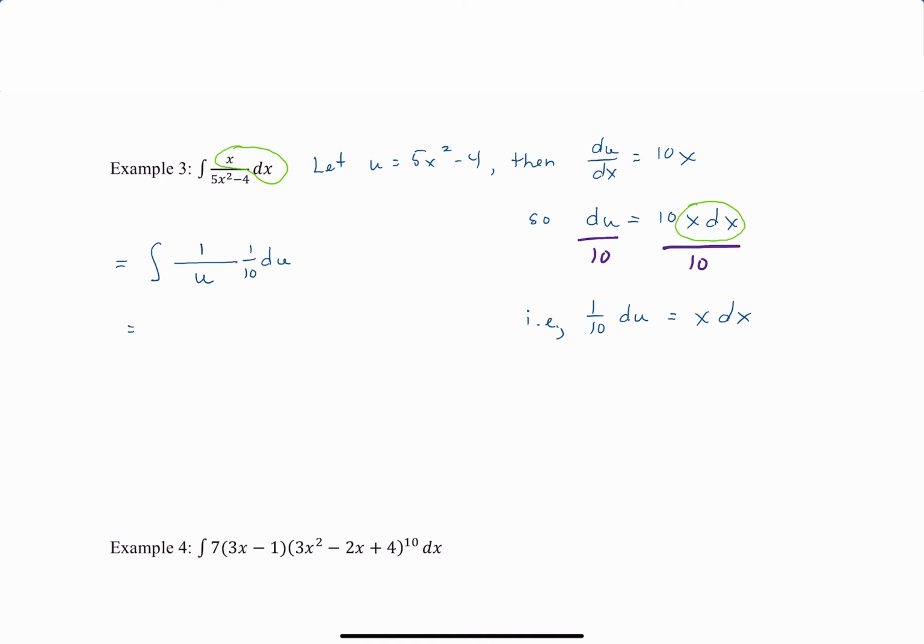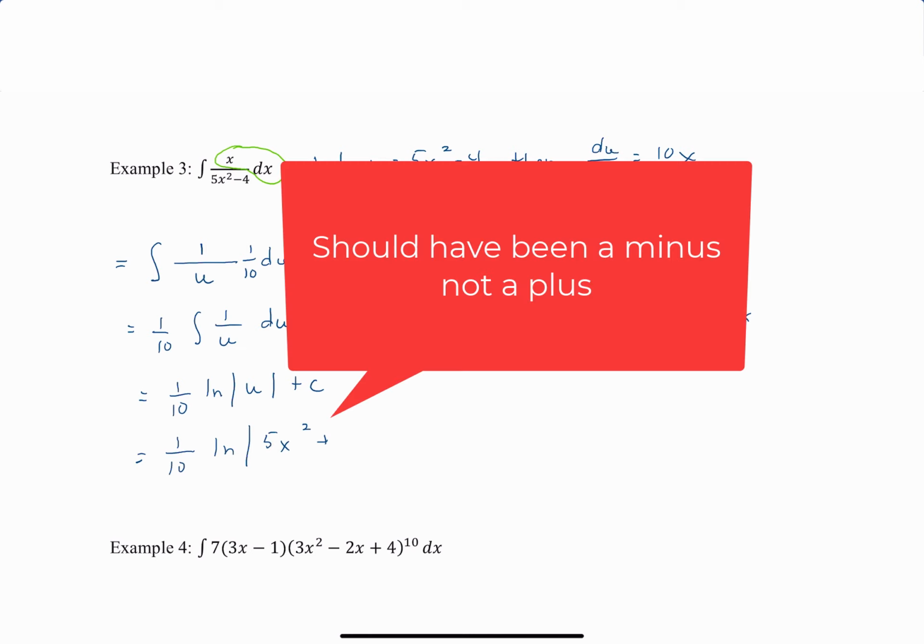I'll bring the 1/10 out front, and the antiderivative for 1 over u du would be ln of the absolute value of u plus c, and we'll wind up by putting back in what u really is. u is just our name for 5x squared minus 4, so we change the u back into that, and we're finished.